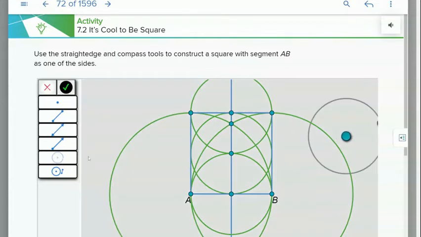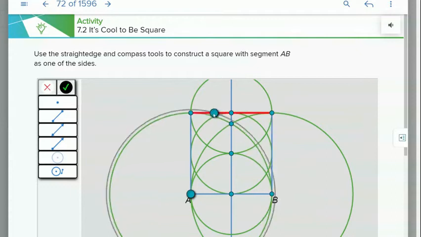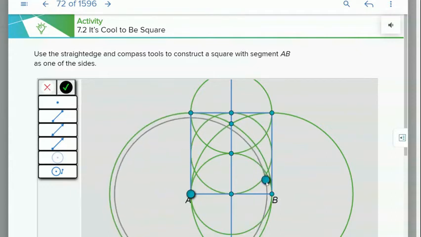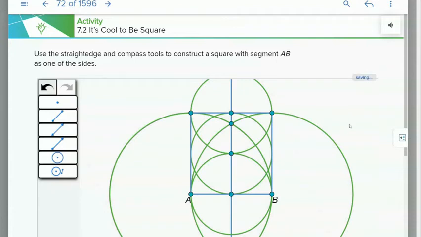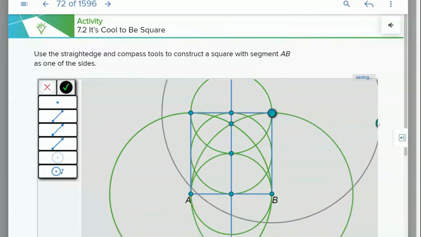Now, to double check, I know the lengths all have to be the same, right? Well, if you look, these 2 points, these 2 vertices, have the same radius in terms of A. So that's how I know for a fact that this is a square. You could even test the other points if you're not sure.